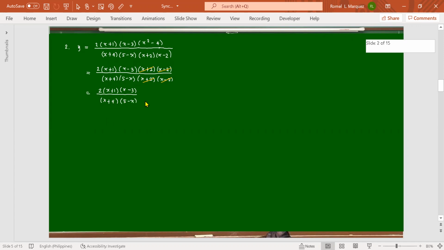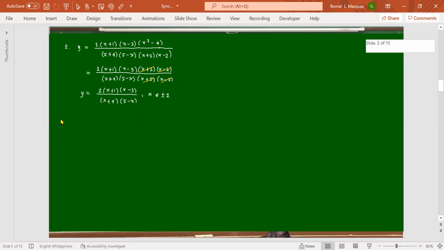But we assume that x should not be equal to plus or minus 2, because we cancelled them. Originally, we are not allowed to have negative 2 or positive 2 for x. That's the simplified form. We are going to use the simplified form in graphing, but don't forget there are holes later.